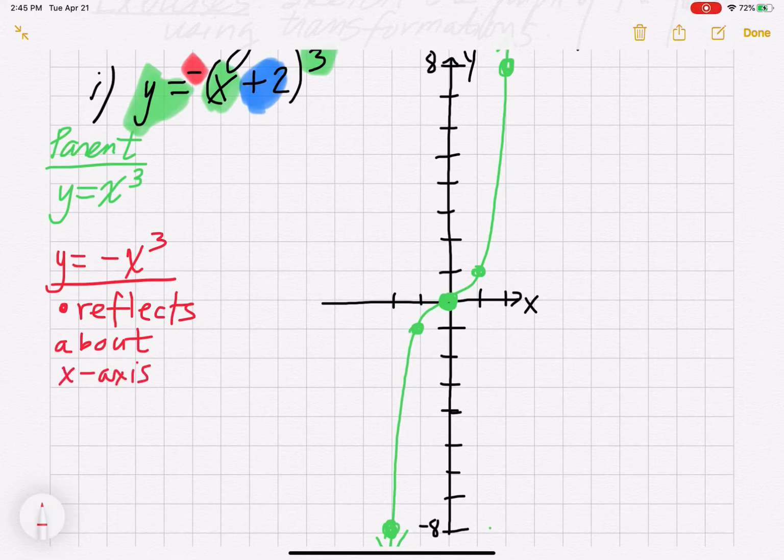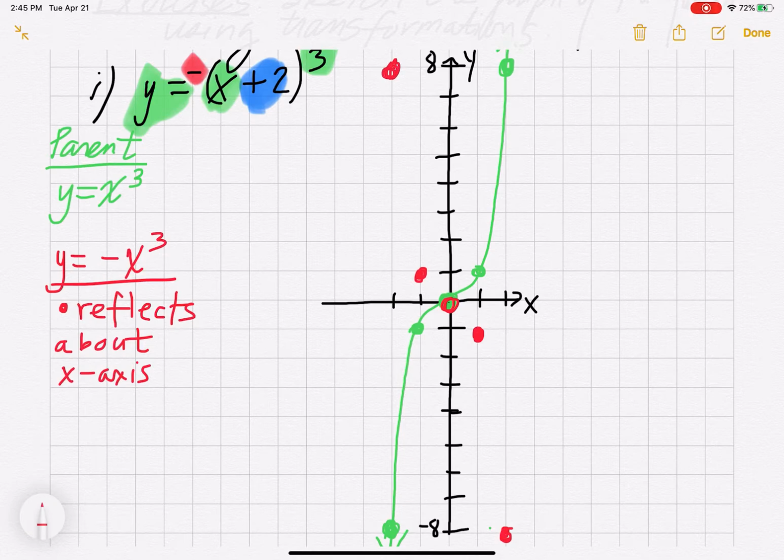So we're going to flip all our points upside down. I'm going to start with 2, 8, and it's going to flip down to 2, negative 8. 1, 1 flips to 1, negative 1. 0, 0 is going to stay put. Negative 1, negative 1 is going to flip up to negative 1, positive 1. Negative 2, negative 8 is going to flip up to negative 2, positive 8.